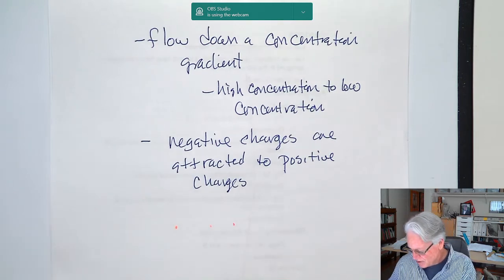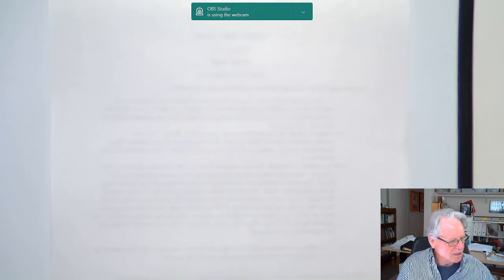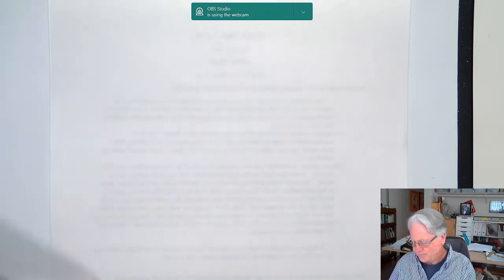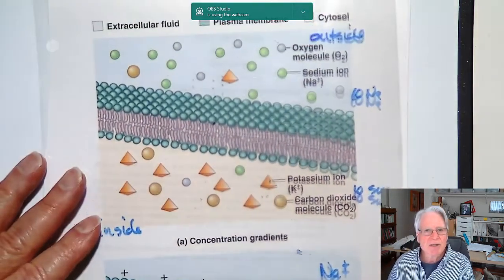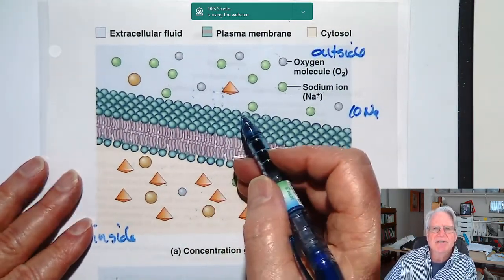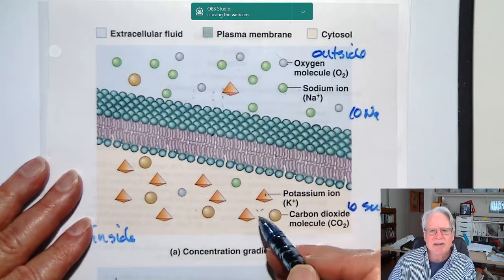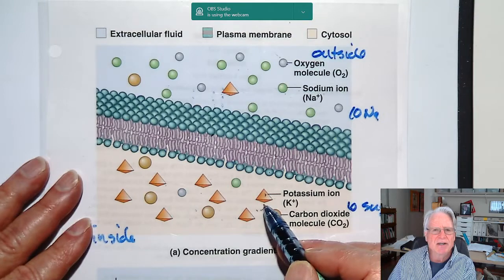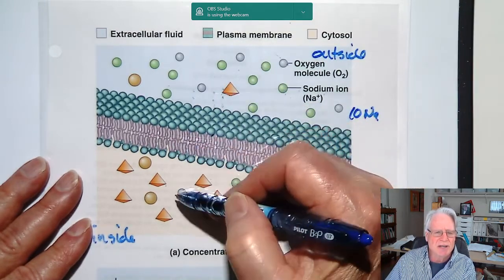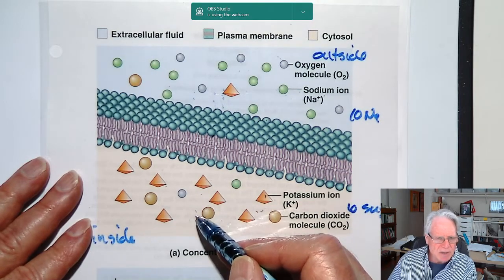So just to emphasize this a little bit, let me come back to that drawing and show you what I'm talking about. So in this image, I have, let's say, oxygen. I have a lot of oxygen here, and on the other hand, I have a lot of carbon dioxide here. So this oxygen wants to go from high concentration to low concentration, and that would be into the cell where we need it.